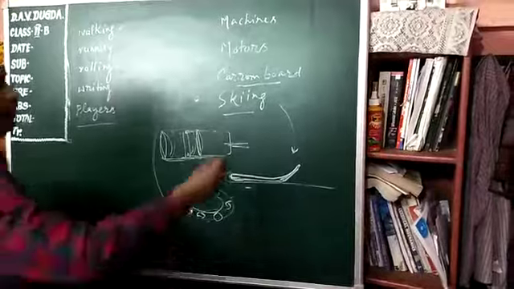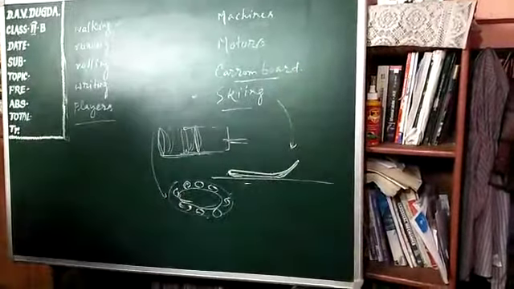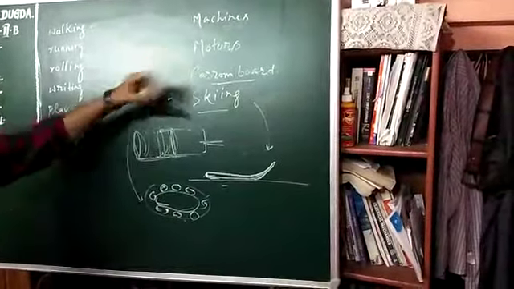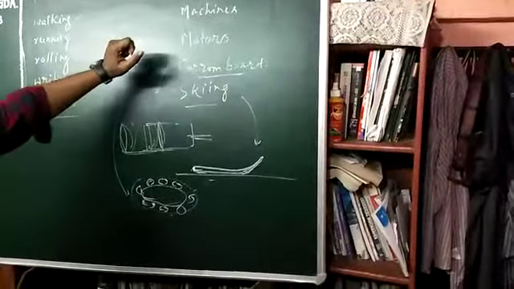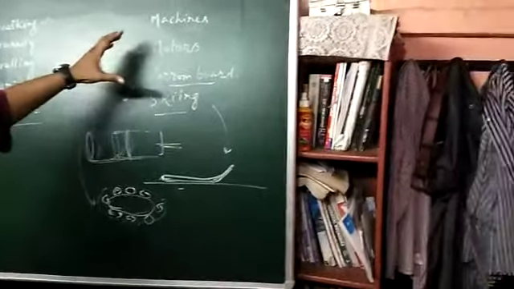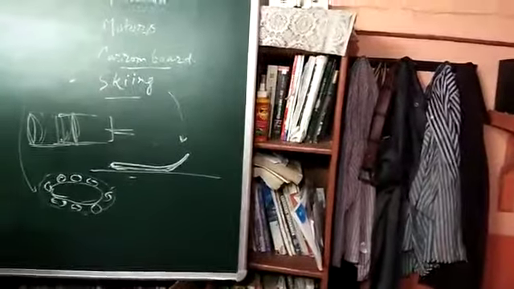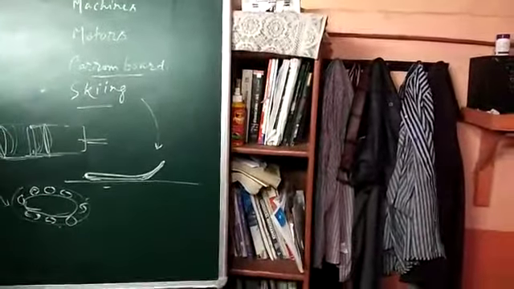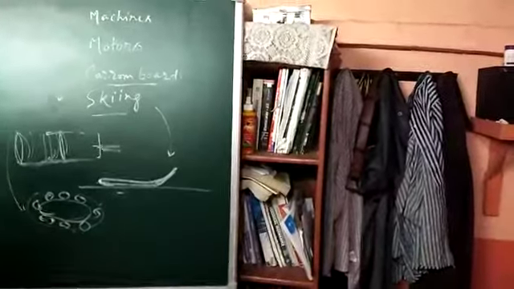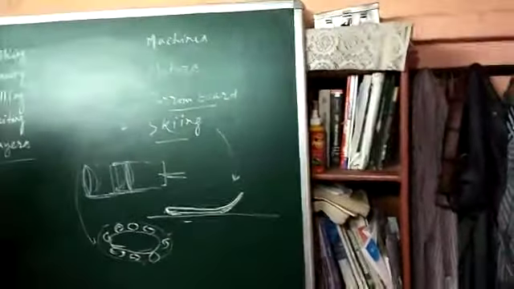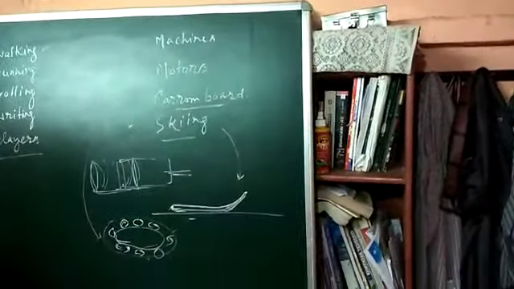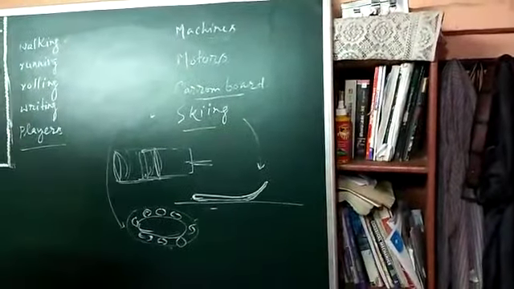Solid lubricant is talcum powder. Liquid lubricant is mobile oil or engine oil. An example of semi-liquid lubricant is grease and white petroleum jelly, which we call Vaseline. Sometimes we use it as a cosmetic too. Vaseline is also a semi-solid lubricant.